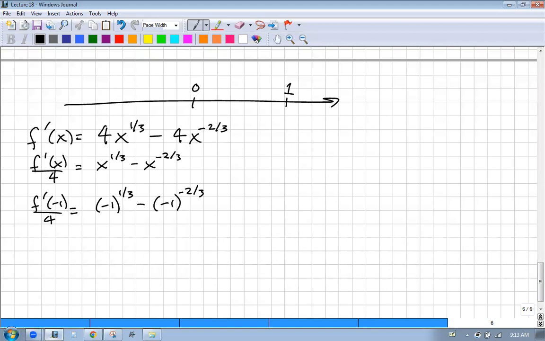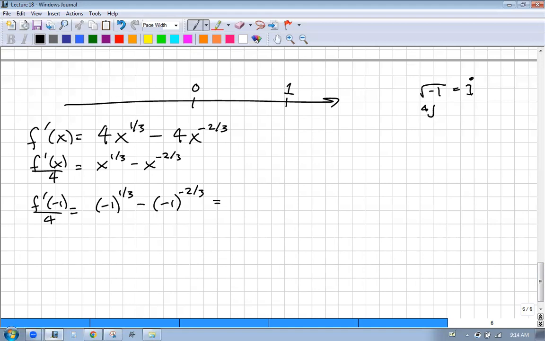What is this? This is going to be fun here, right? What is the cube root of -1? Anybody tell me that? Remember, you can't take the square root of a negative number. If I took the square root of -1, this is i.